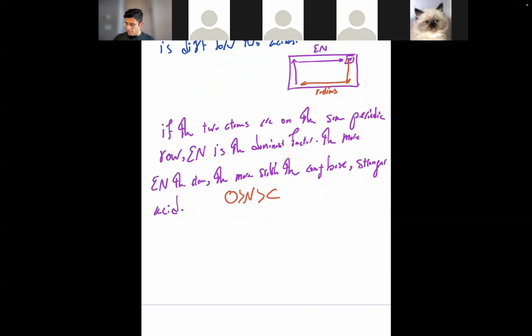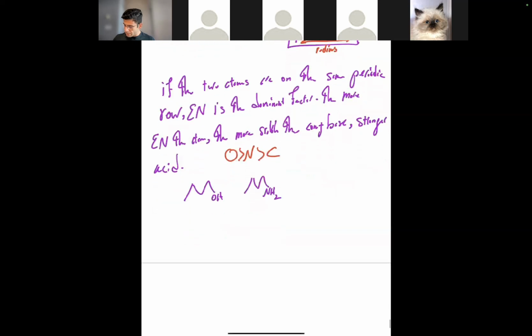So for example, if you're comparing the acidity of OH to NH2, then you're going to compare them. And so you see, this is what I mean.